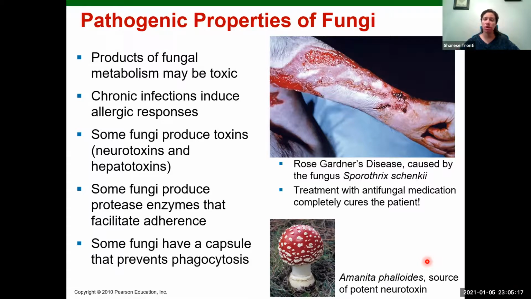Fungi can produce toxins, exotoxins that we just talked about, so there are examples of neurotoxins and hepatotoxins that are produced by fungi. Fungi can produce protease enzymes that help to facilitate adherence. And some fungi even have capsules, which help it to prevent phagocytosis.